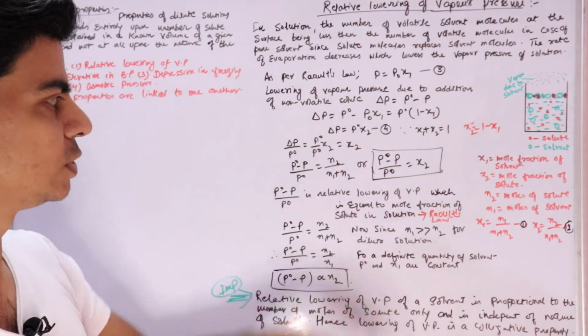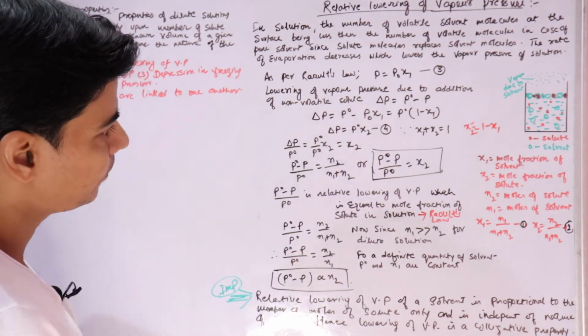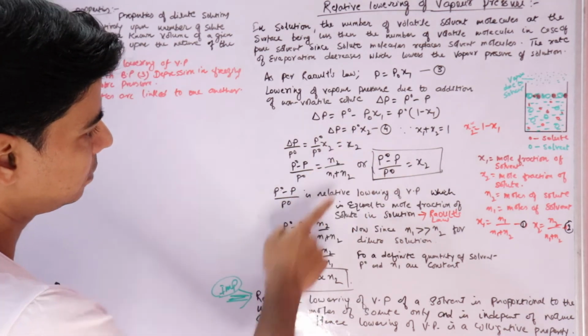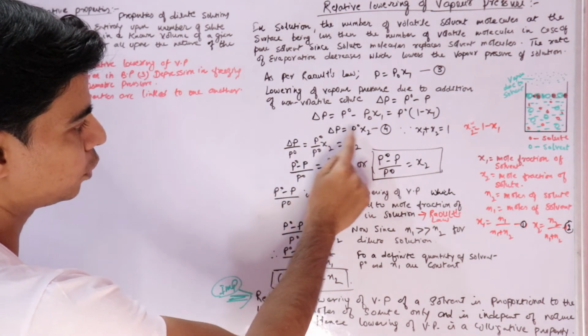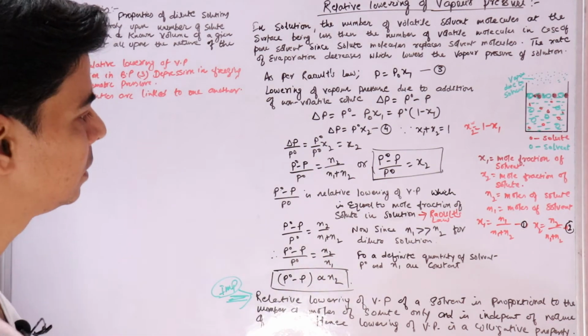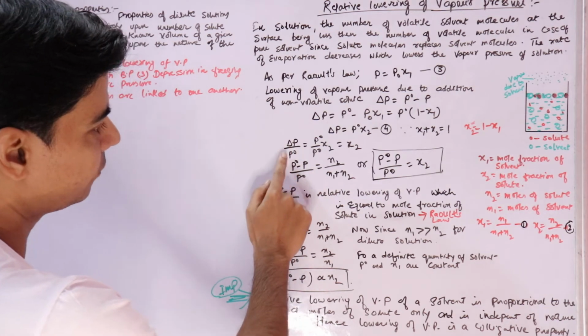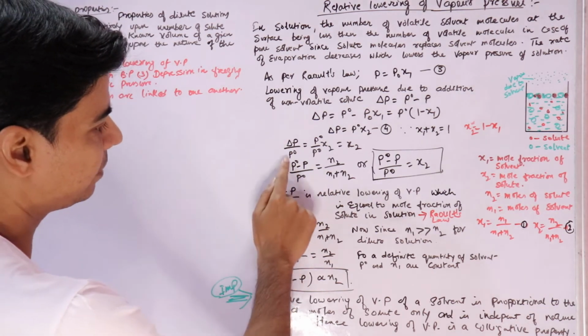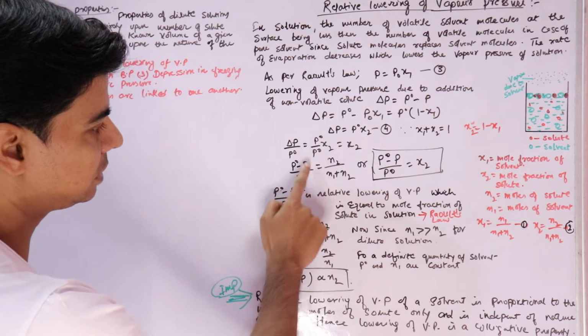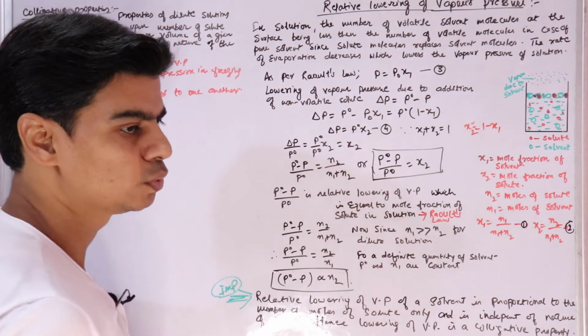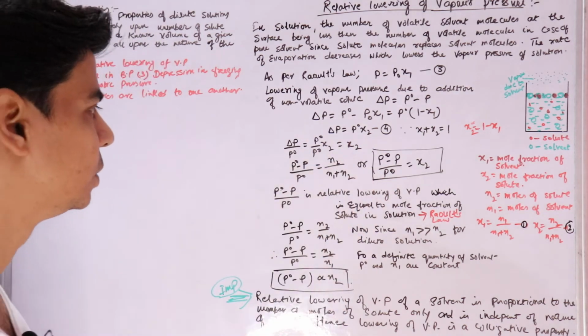It's P0 x2, right? And in this step we have divided both sides by P0. So delta P, which is lowering of vapor pressure, divided by P0, and P0 cancels out. So this is x2. x2 is the mole fraction of solute.